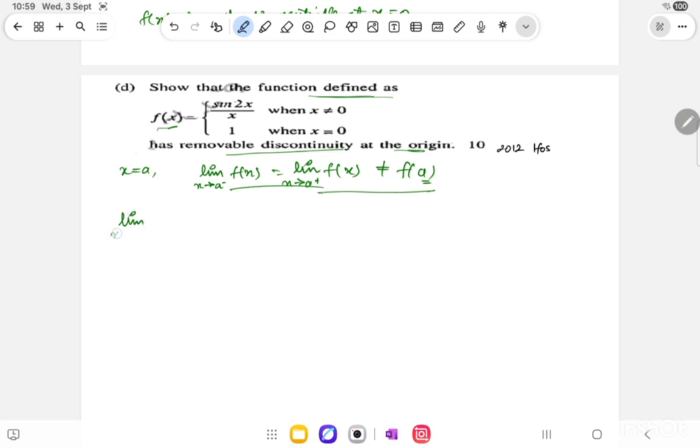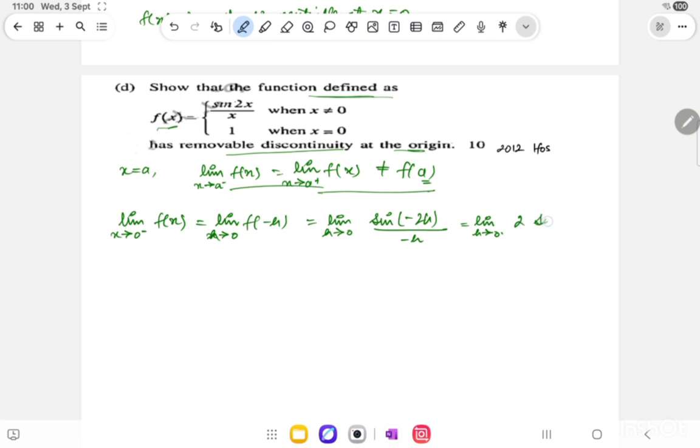So let's find out. Limit x approaches 0 negative f(x) will be basically limit h approaches 0 f of minus h. That will be limit h approaches 0 sine of minus 2h upon minus h. So this will be equals to limit h approaches 0, I can multiply and divide by 2.